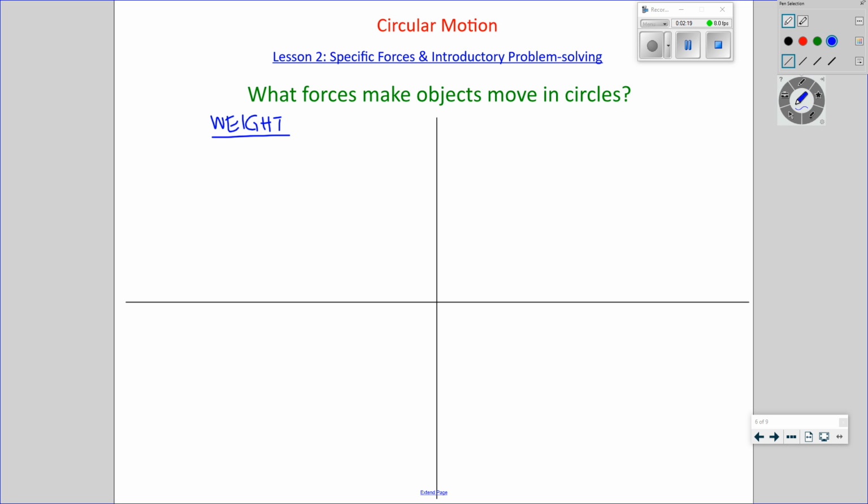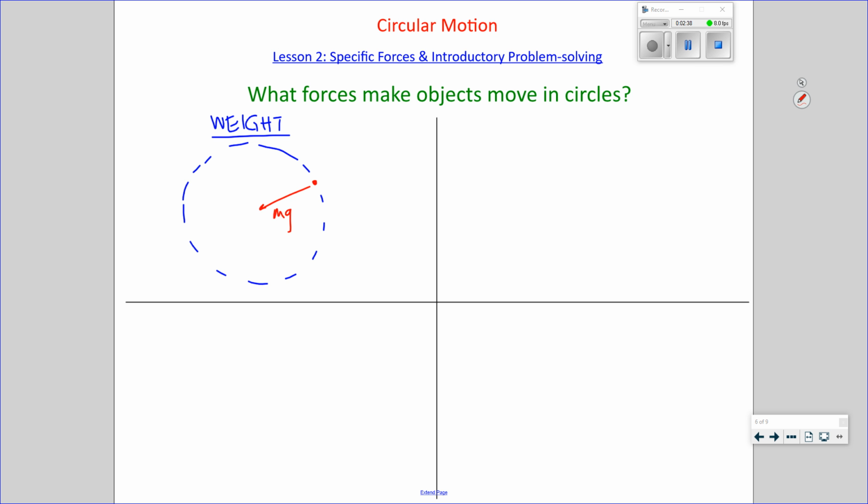Here's a path that something moves in. Here's the object moving in a circle, and what we're saying is there's a force, mg, that acts towards the center of the path. Well, when does that happen? That happens for an object in orbit.